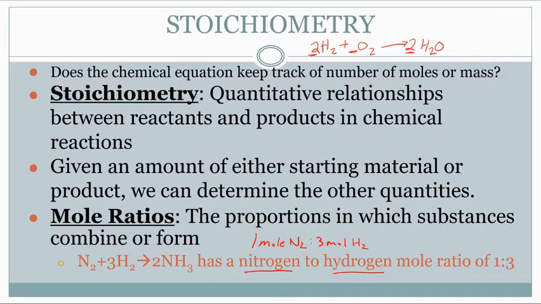Now in the end, that gives me my conversion factor. So I can write 1 mole of N2 over 3 moles of H2, and those are two things that are equal to each other. So that's considered a conversion factor.